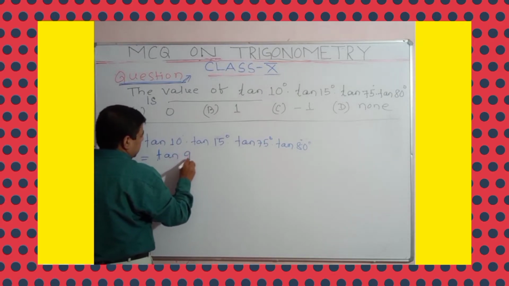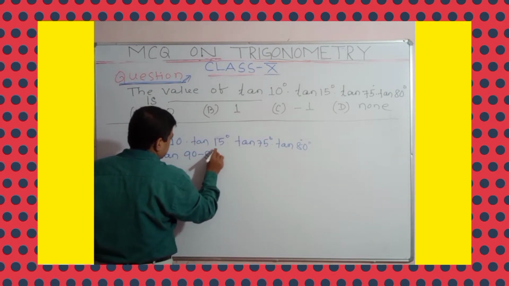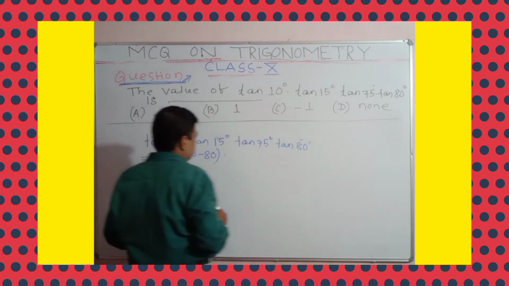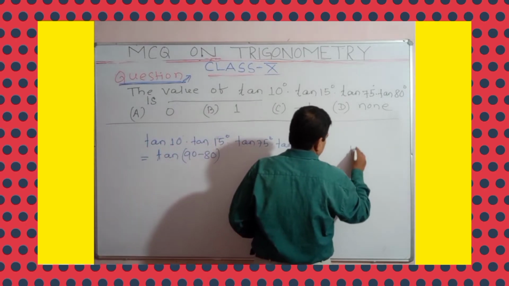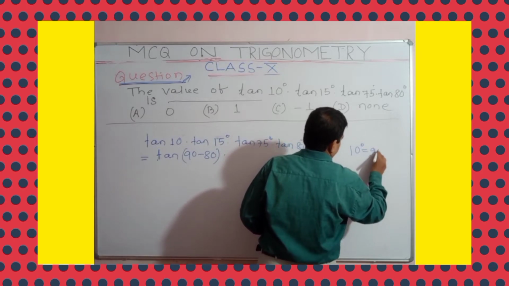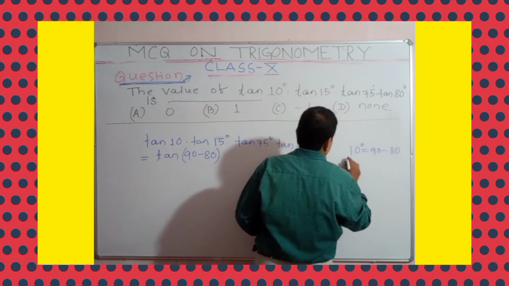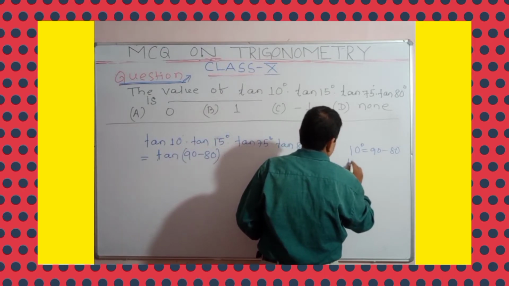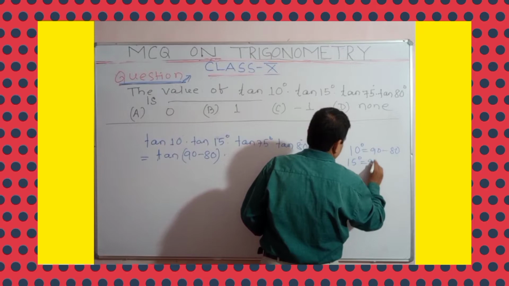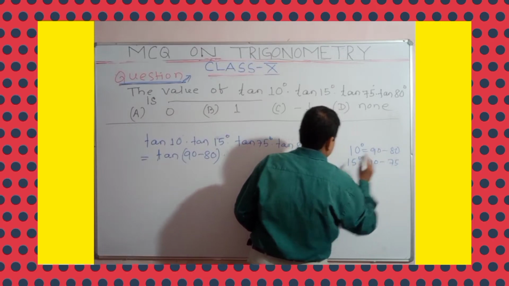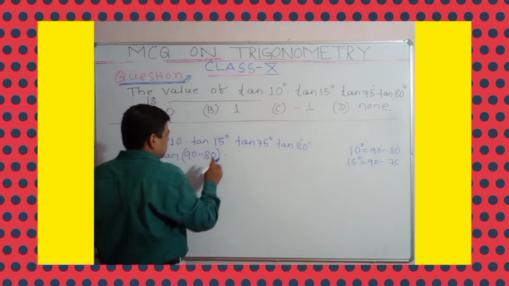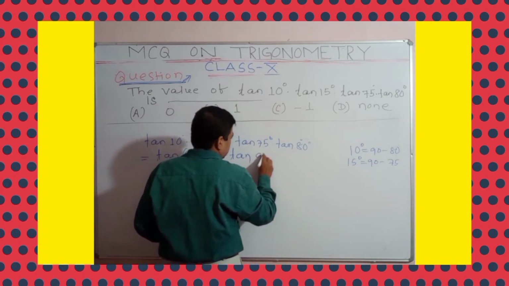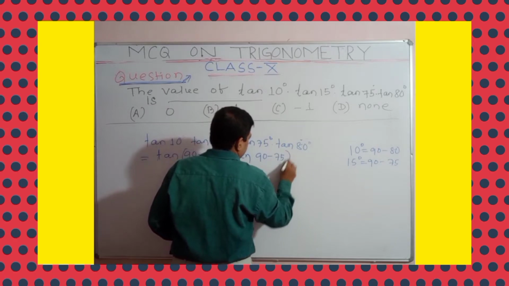Here you can write tan 10 degree as tan of 90 minus 80. Can you write or not? And tan 15 degree can be written as tan of 90 minus 75 degree.